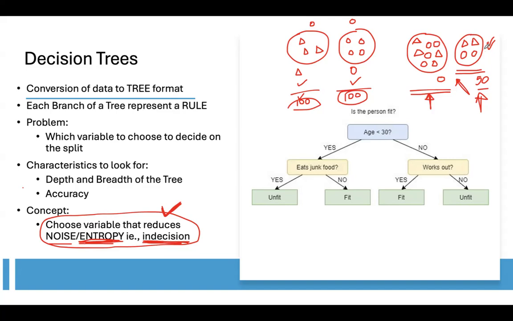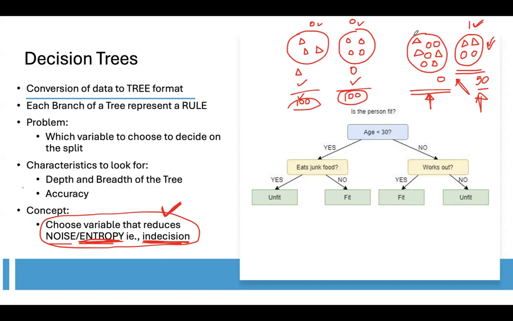It's 100%, or you can call it one. On a scale of 0 to 1, I'll say that the entropy or the noise is 1. That means that it's maximum. It's 0 here, it's 0 here, and it's maximum here, right?